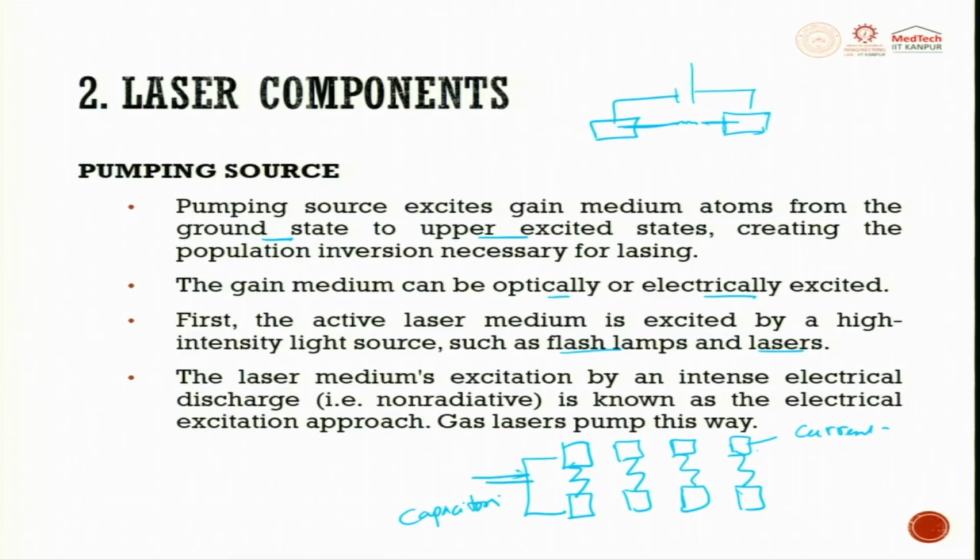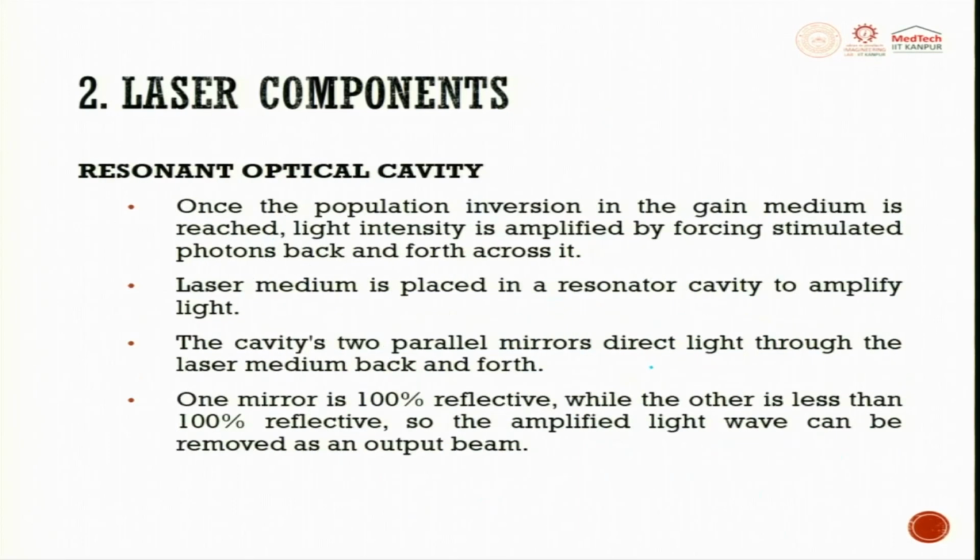Now, you pump in gas, and what comes out is a laser which is excited. The gas all gets energized by the arc and creates a plasma, which is further moved, and then you have multiple mirrors, and you get an output that finally comes out as a laser. The laser medium excitation by an intense electrical discharge, this is what I said, the capacitor, is known as the electrical excitation approach, and the gas is moved through it. You can have solid or gaseous lasers also.